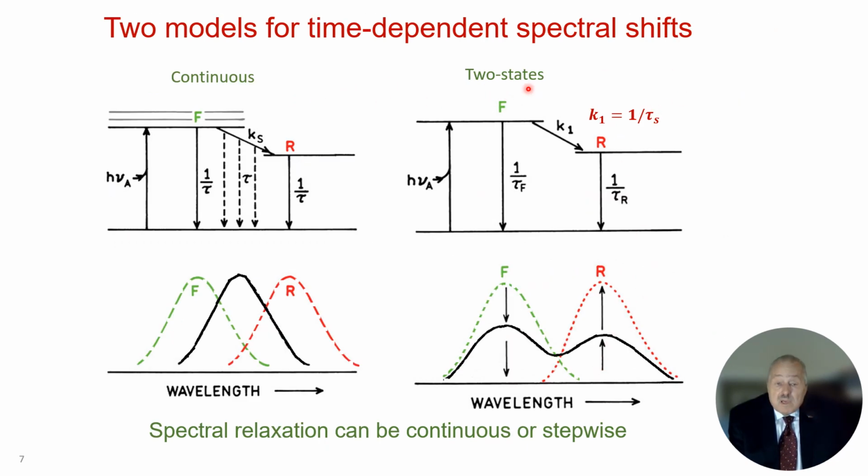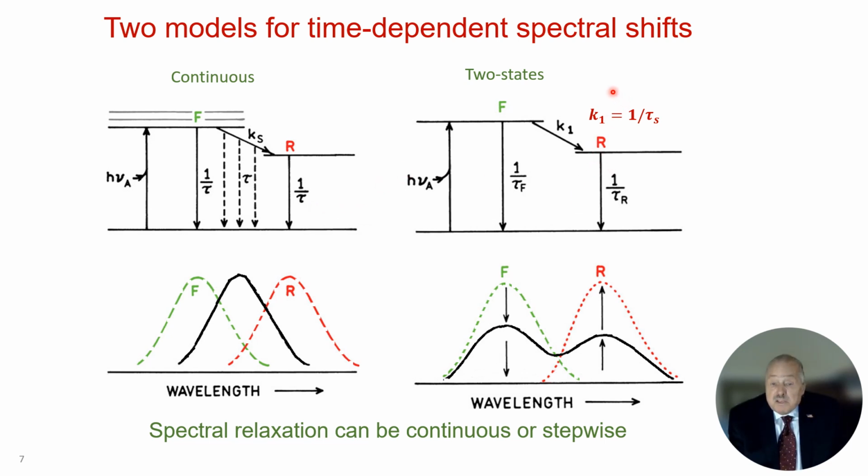There are really two possible models for this. The first is the continuous model, which is the one we just discussed, where the relaxation is continual while the molecule is in the excited state.